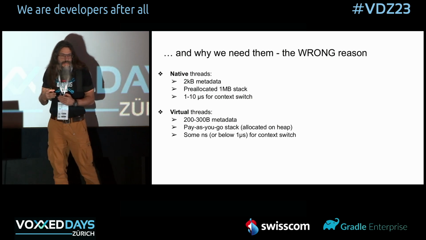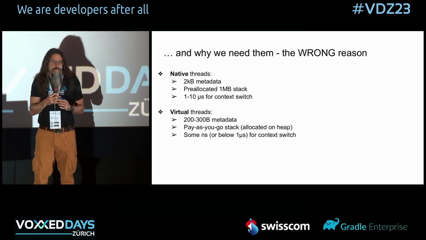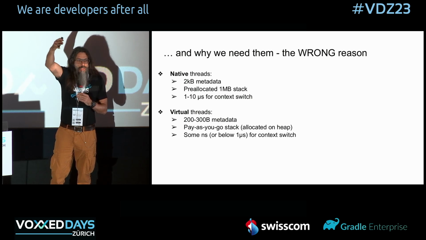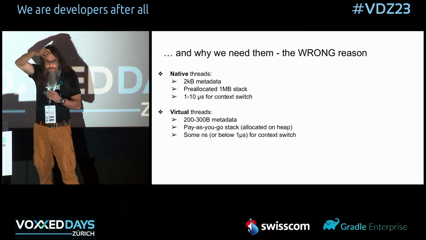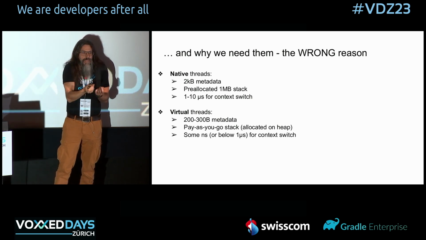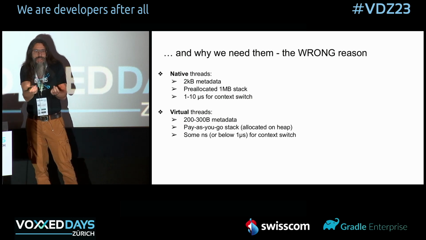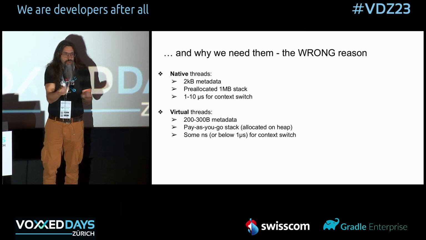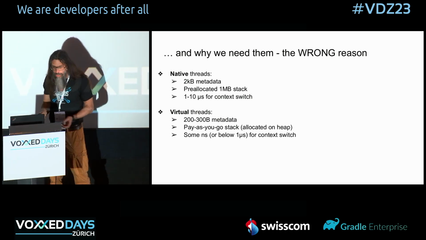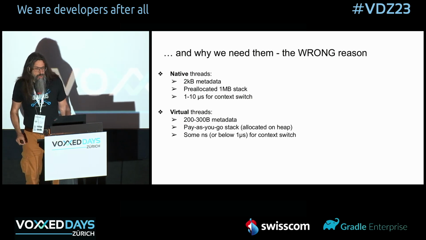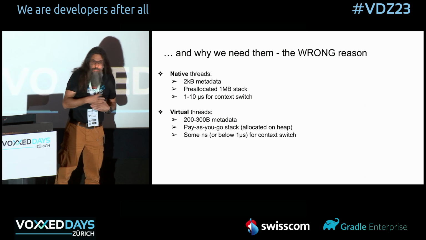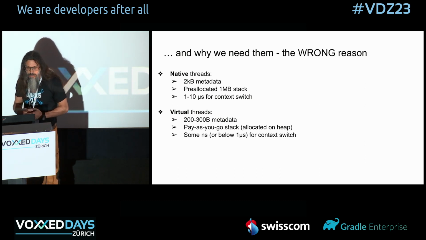So like any other data structure in the heap, it can enlarge and shrink, and when you don't need a very deep stack, you are deallocating the calls on the top of the stack, and those calls are again just like a linked list, a data structure on the heap that can be claimed by the garbage collector and reused for other stuff. So this is the main difference about the memory footprint between native and virtual threads.